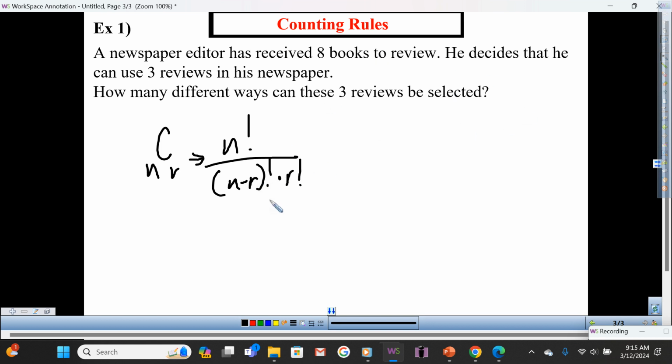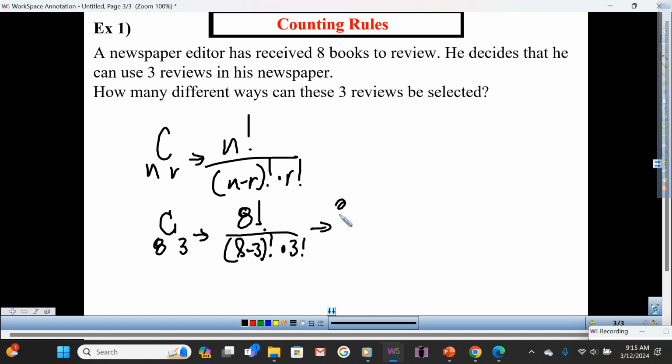all right, tell your neighbor what N is and what is R. What is N? What is R? All right, Fernando, N. 8 and R, 3. So this is 8 factorial over 8 minus 3 factorial times 3 factorial.